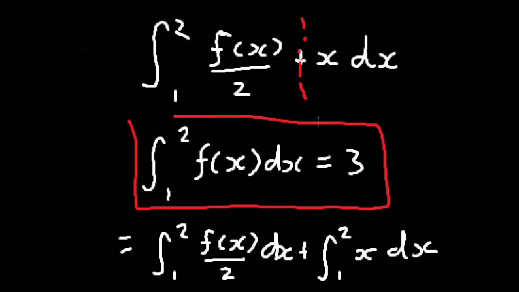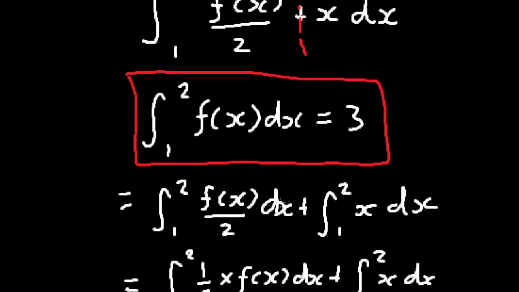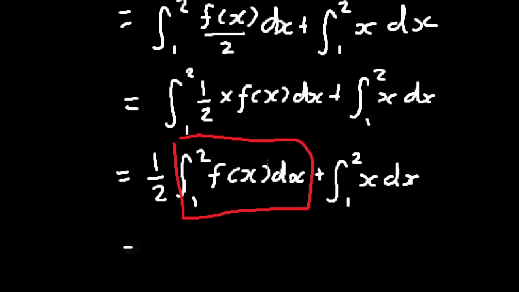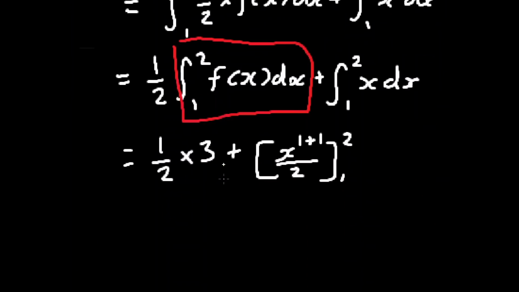So we can just substitute a 3 in. And that is really the trick to this part of the question. So we've got 1/2 times 3, and then plus, let's integrate that other one. So that's x to the 1 plus 1, and then we divide by that 2, and that goes to here.